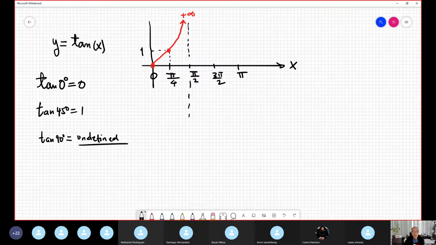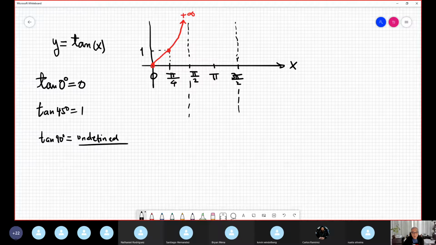The graph is similar, like that. We have another asymptote here. Wait, this is pi over 2, 3 pi over 2. No, pi. I made a mistake. This is pi, obviously, and this is 3 pi over 2. So we have another asymptote here.